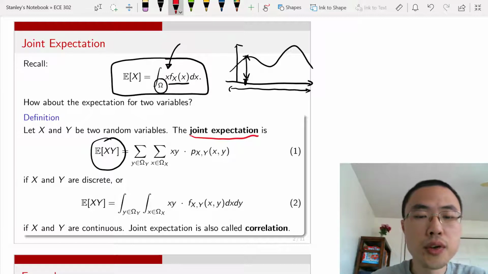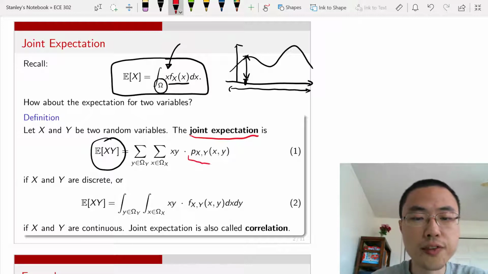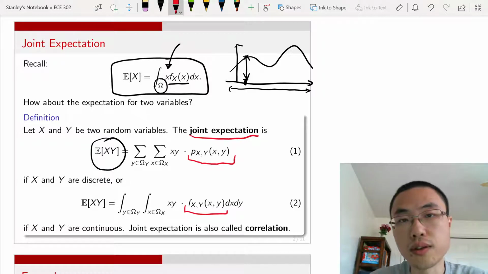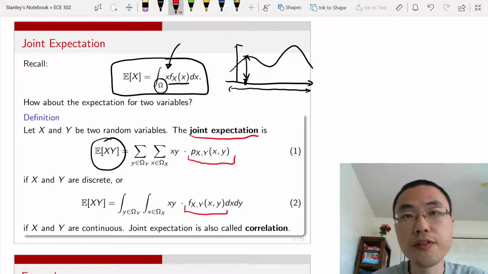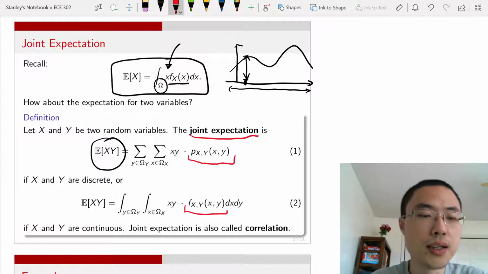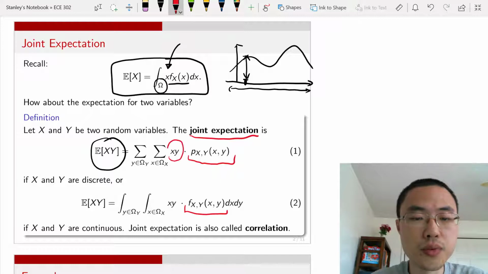If you follow what we discussed in the last lecture, we defined the joint PMF, or the joint PDF. Now, if you want to take the expectation of X times Y, very naturally you can follow the one-dimensional case. You have a PDF or a PMF. You multiply with whatever you want to calculate the expectation of. In our case, it is the product of x and y.